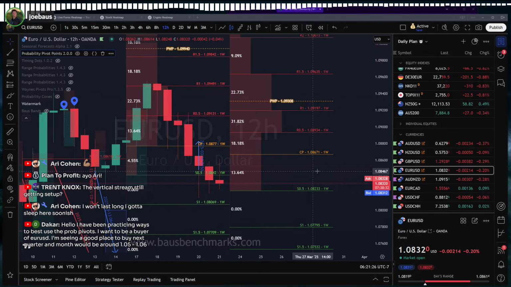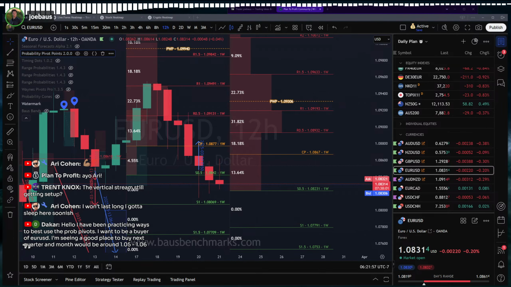I'm going to keep an eye on how those PMIs end up moving markets. If they turn out to be very good numbers for the rest of the world, I probably don't want to be long dollar going into those flash PMIs, unless they disappoint.